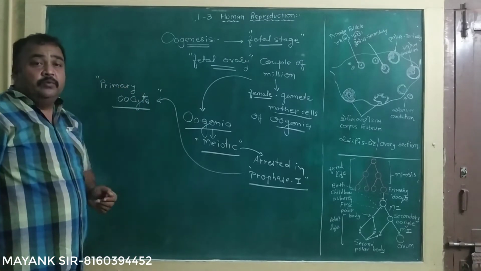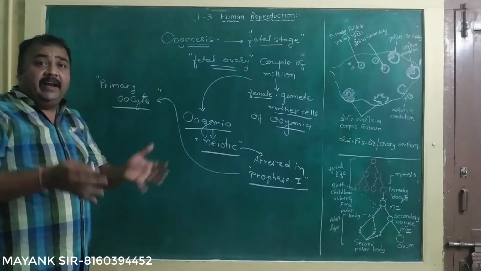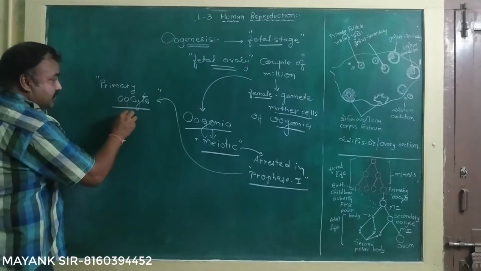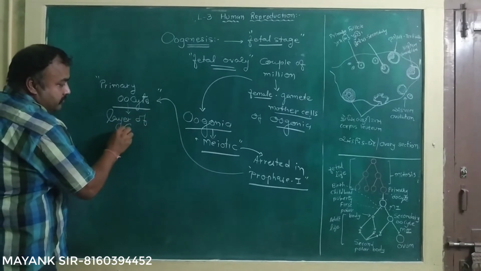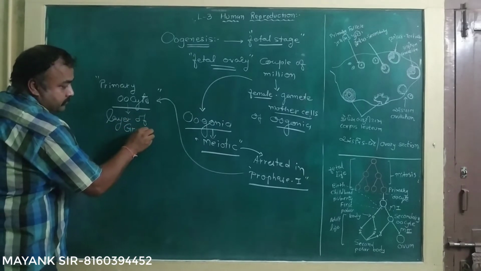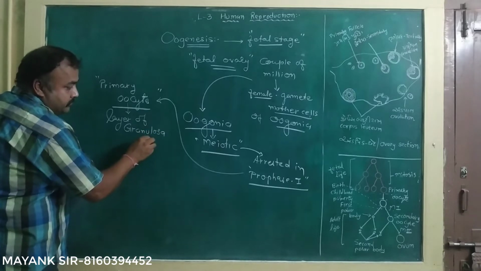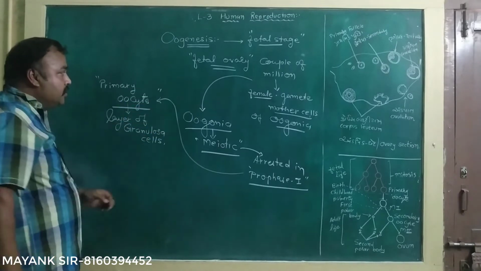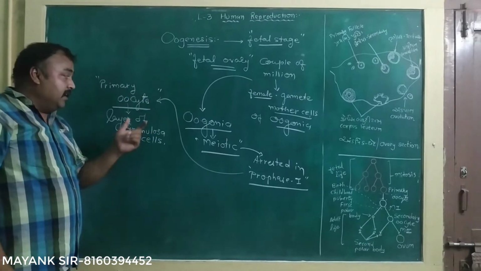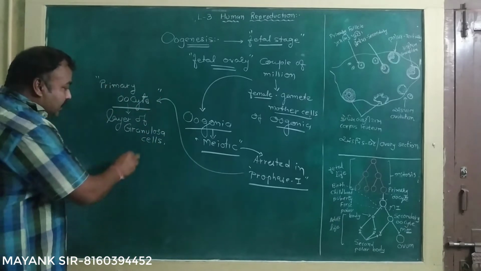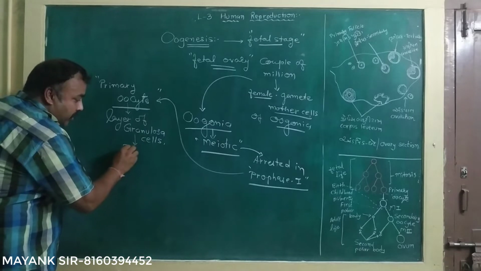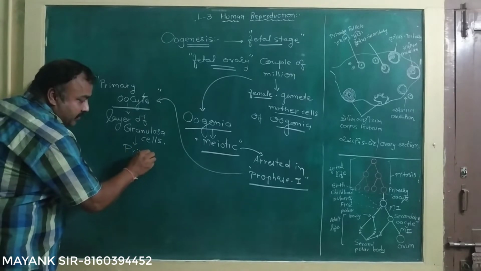Now this primary oocyte develops a layer of granulosa cells around it. So around the primary oocyte, a layer of granulosa cells starts to develop, and this structure is called the primary follicle.